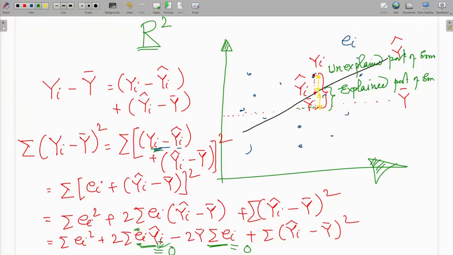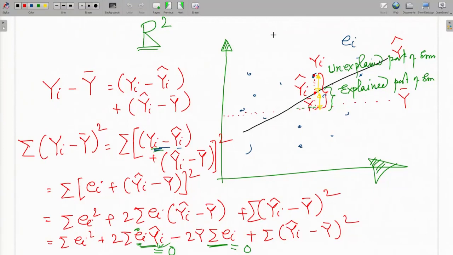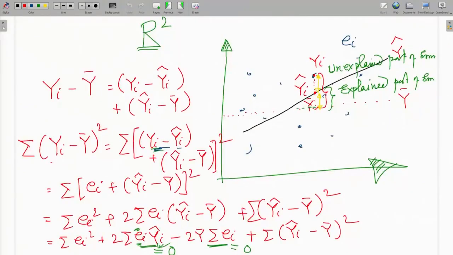So, given that logic, this has to be equal to 0. Then what I will have at the end of the day is summation of ei square plus summation of (yi hat minus y bar) square. So I had this, essentially my total sum of squares.